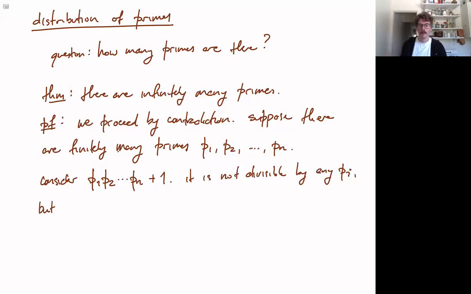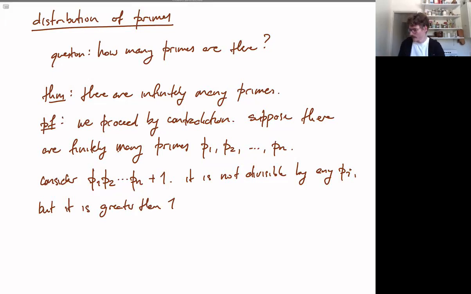Maybe we want to be super precise, but it is greater than 1, because it's this thing plus 1, and this thing, we know that, for example, there are a couple of primes at least, so this is not 0. So it's greater than 1, so it must have some prime factor.